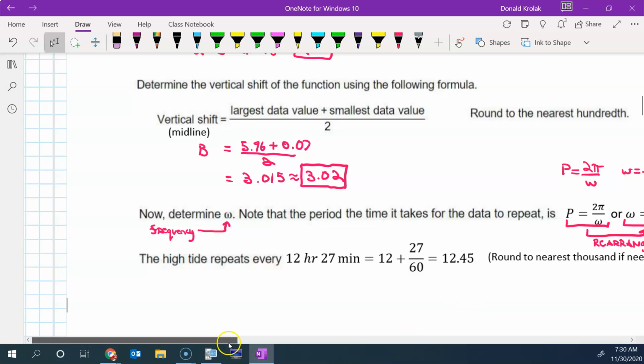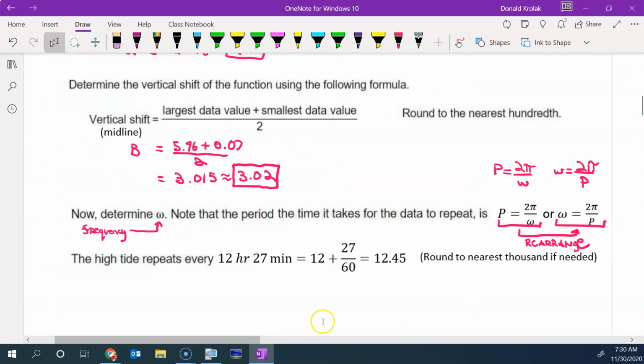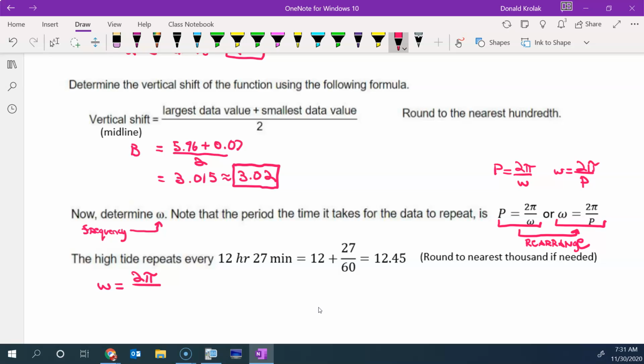Okay? Any questions up to this point, folks? All right, so we're going to use omega equals 2 pi divided by our period. Okay, so that's going to be 2 pi divided by 12.45 hours.